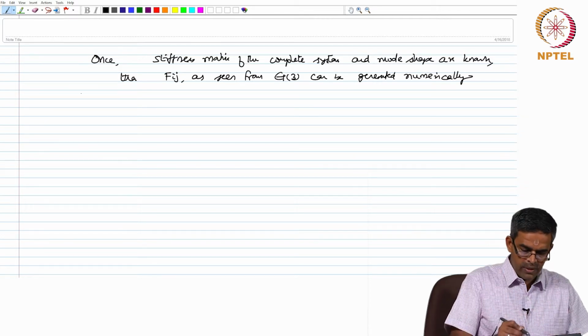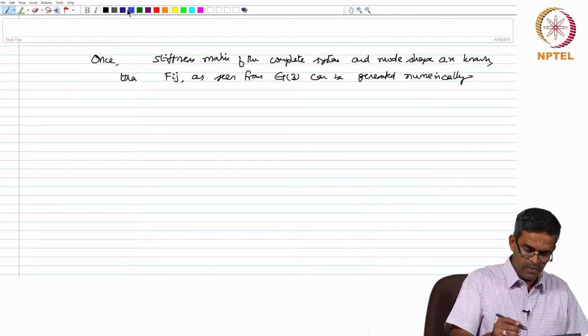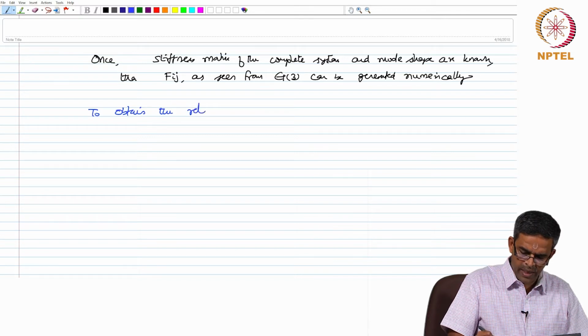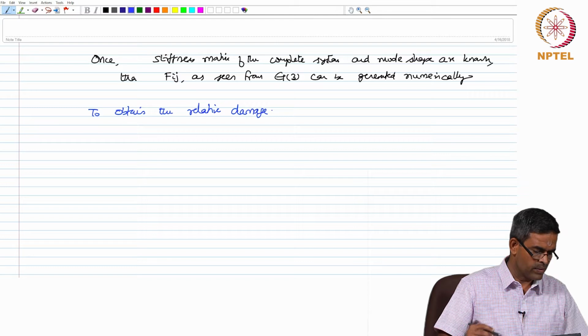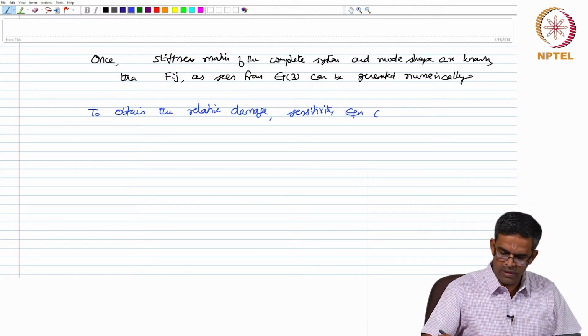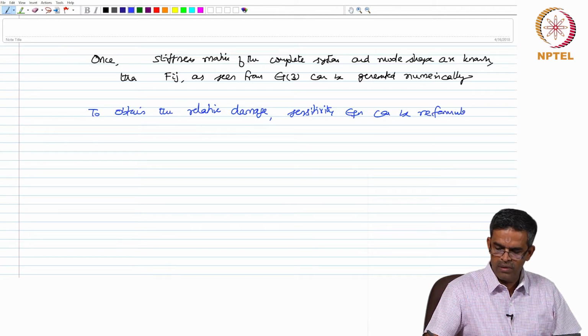Once you determine this, to obtain further the relative damage, sensitivity equation can be reformulated as given below.